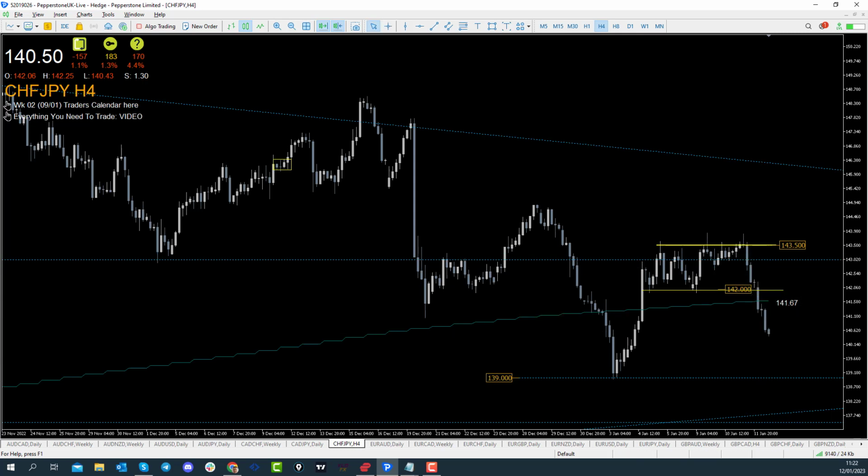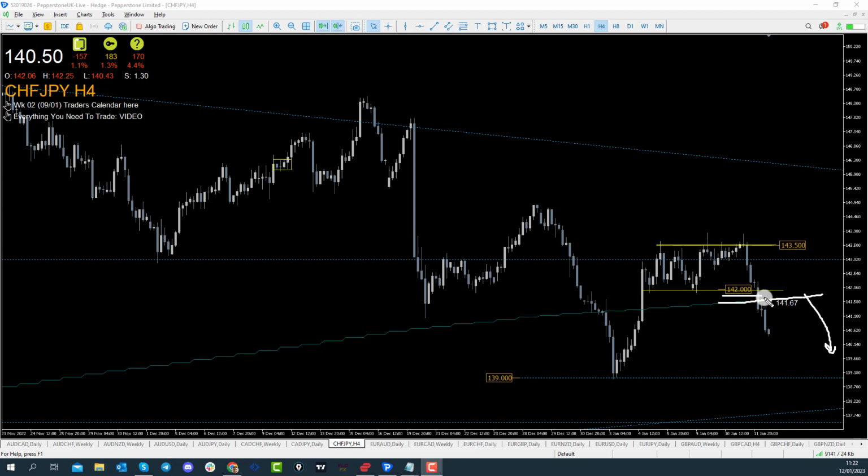So the next step for us is, where could we potentially look for those trading opportunities to come into play? And for me, the 142 handle is going to be something to look at. Not only do we have the range here that could be a retest for an opportunity to the downside, we also have the 200 moving average running through there as well.